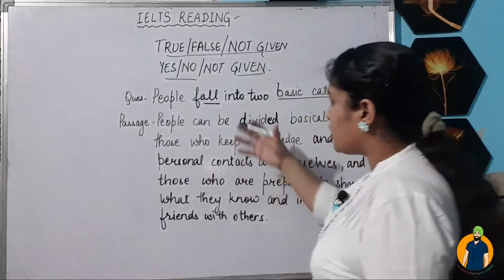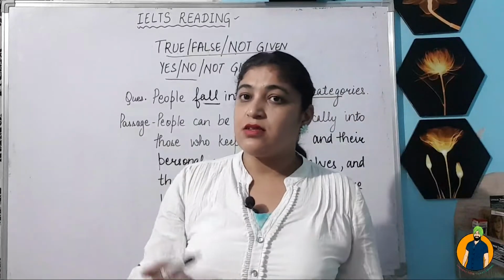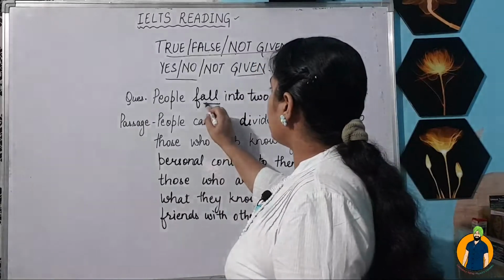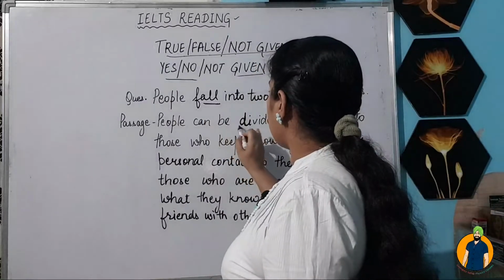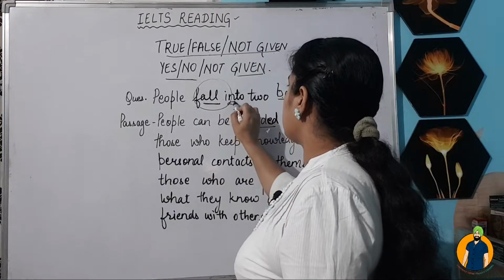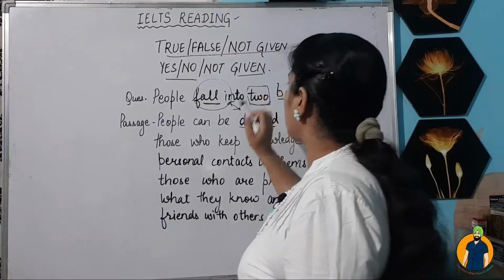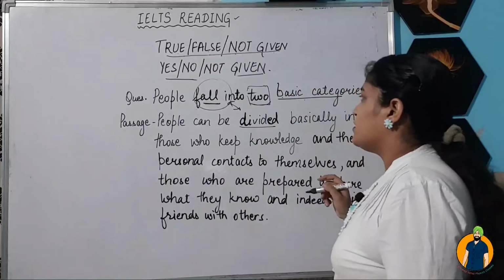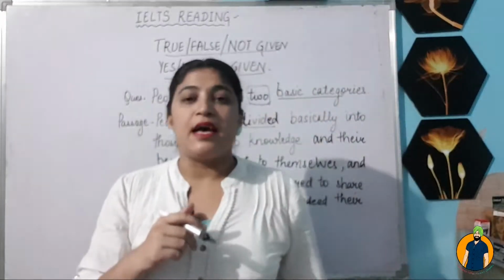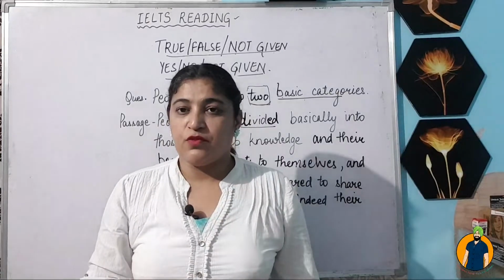Looking at this question, some candidates may write Not Given. Why so? Because here we get the same keywords, divided and fall into, which mean the same. But it is not stated that it is divided into two categories. Some candidates may write Not Given because they think only 50% of the information is given.